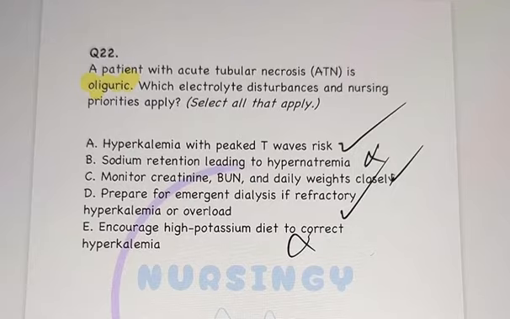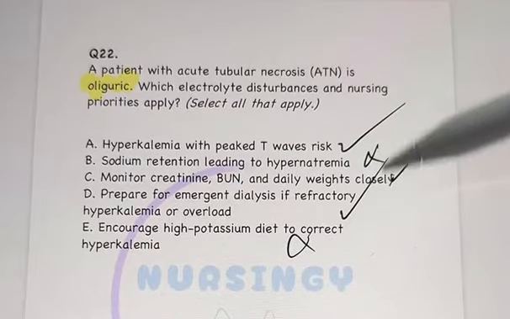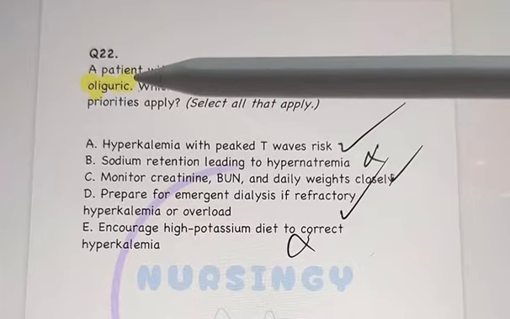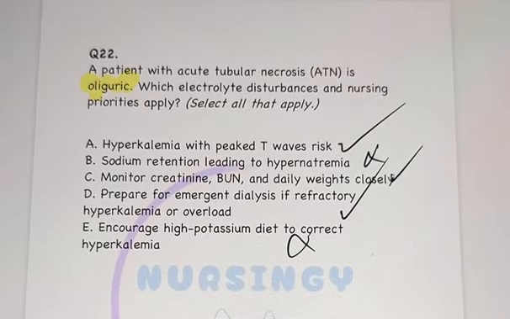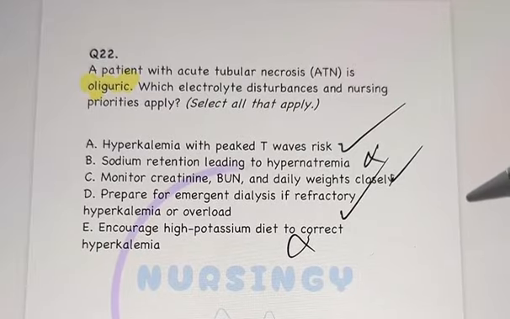So option B, we know we have acute tubular necrosis. Kidneys are not functioning properly, and the patient is in the oliguric phase. When we have the oliguric phase, kidneys are not excreting enough water, urine.